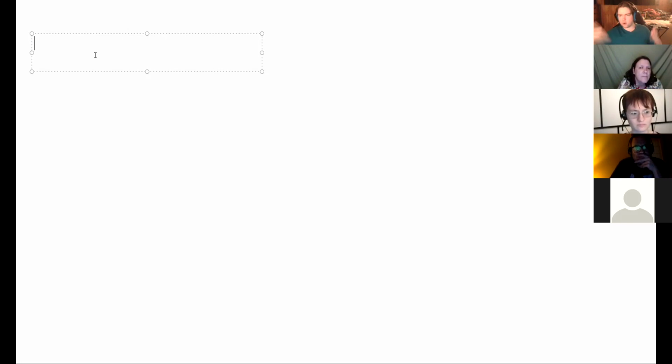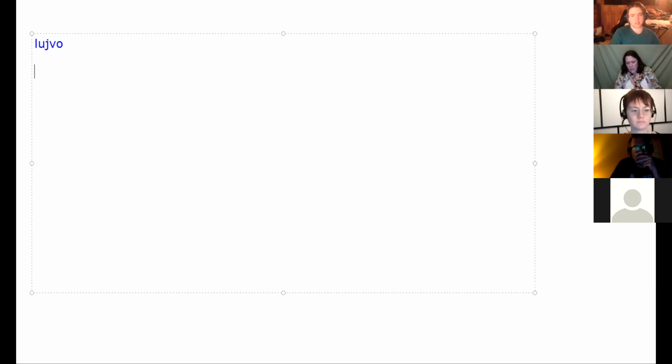Has anybody heard of the cmalu? Okay, the cmalu is when you're making lujvo. So lujvo are like tanru. They're compound words, but they're shortened. Like instead of saying Lojban prenu, I could shorten Lojban to jbo and prenu to pre.